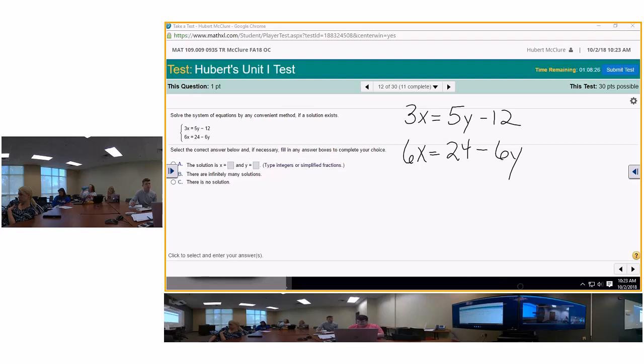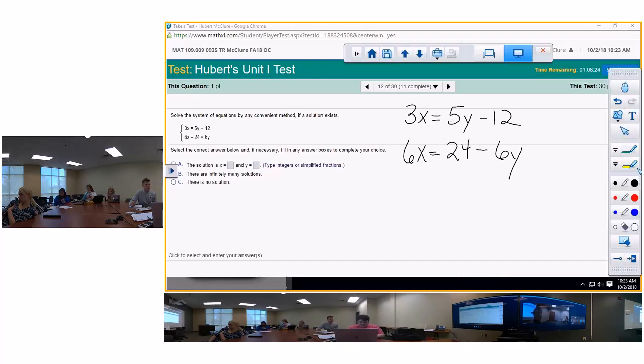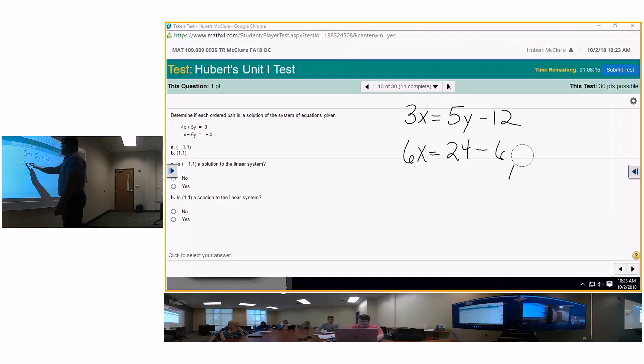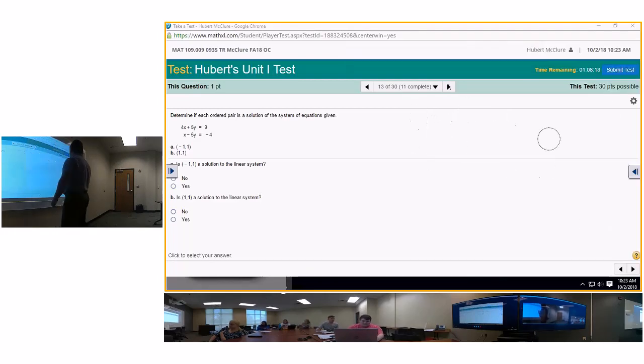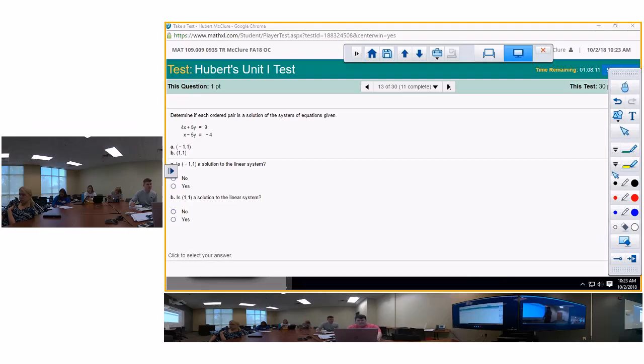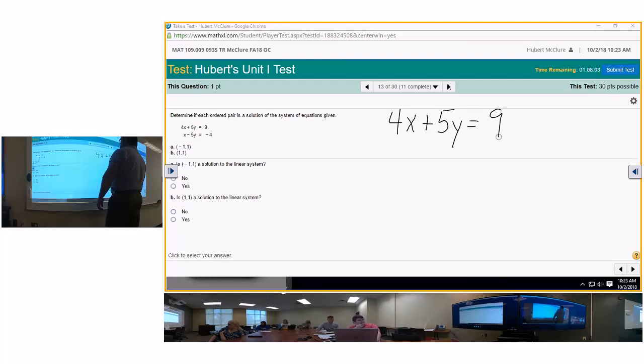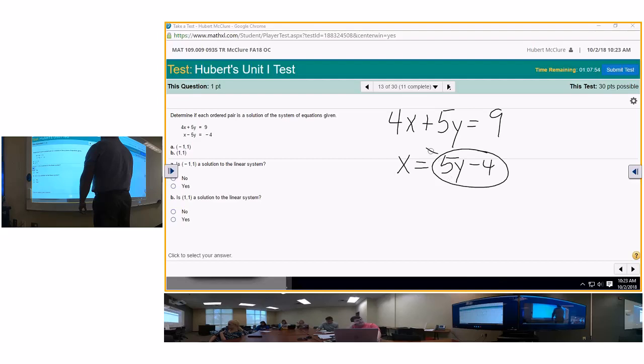Okay, next one. The next one, this one I would use substitution. Substitution for 4x plus 5y is equal to 9. And I'm just going to go ahead and do x is equal to 5y minus 4. Take that, plug it in.